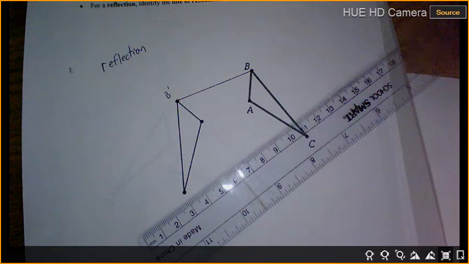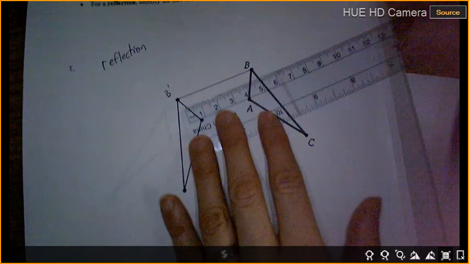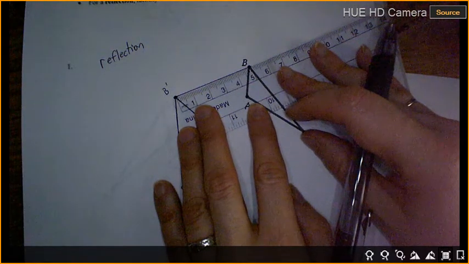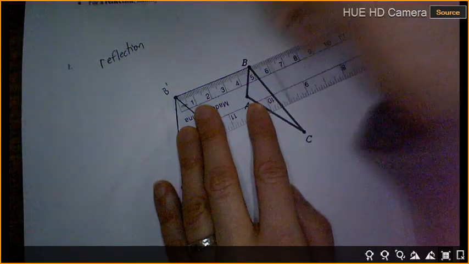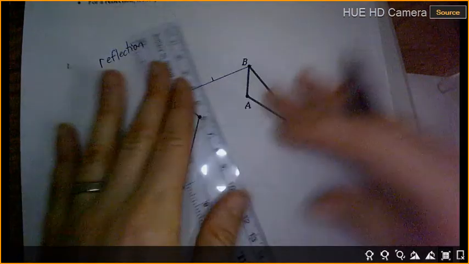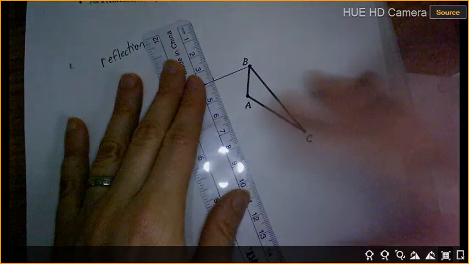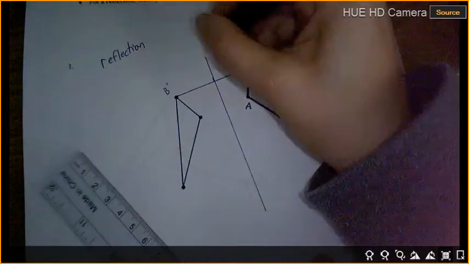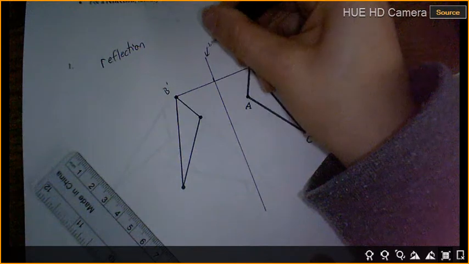So I can look at my ruler and say, okay, this is 5 centimeters, so in the middle would be 2.5. So I can then draw that, and I'm going to label it my line of reflection.